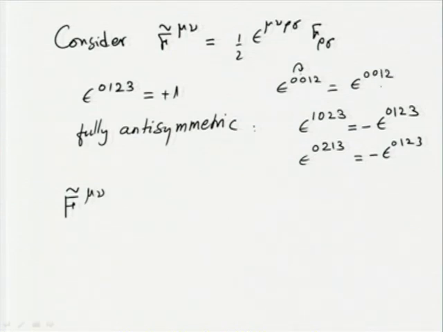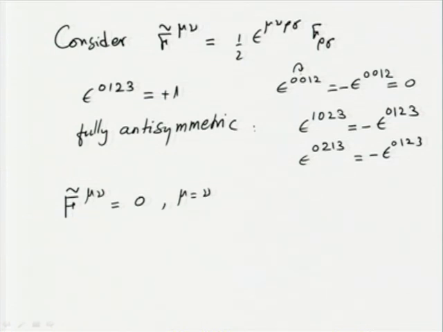But interchanging any two should give you a minus sign. The only consistent solution is 0. Therefore, F tilde mu nu is equal to 0 for mu equal to nu, and it is antisymmetric with the interchange of mu nu, because epsilon mu nu rho sigma is antisymmetric.